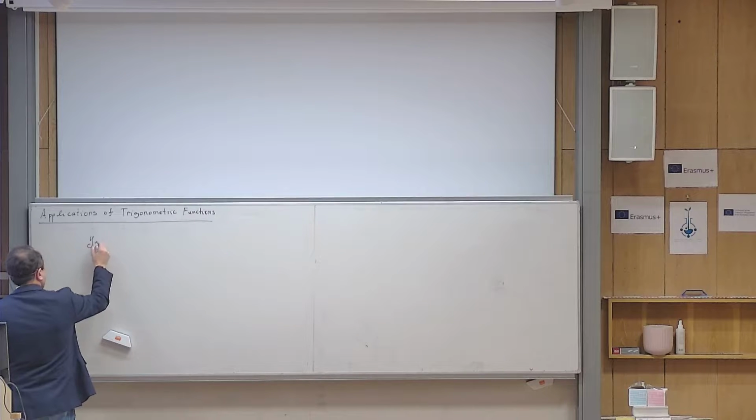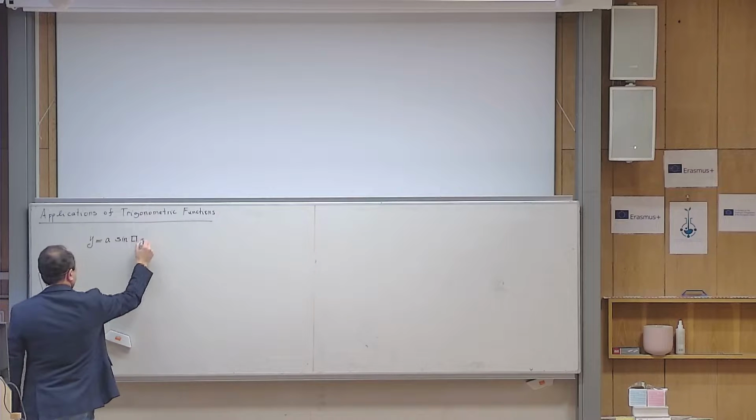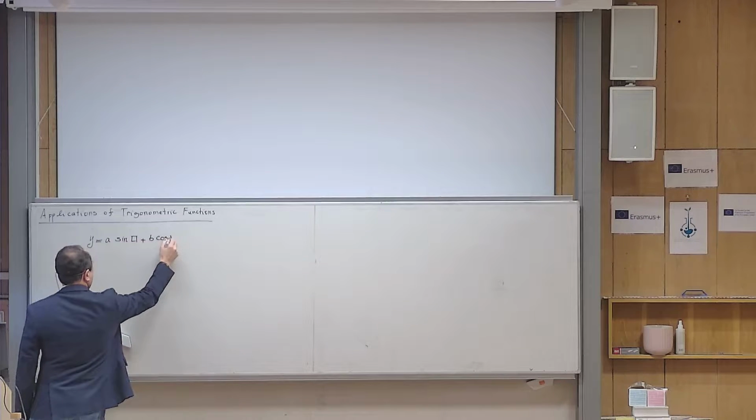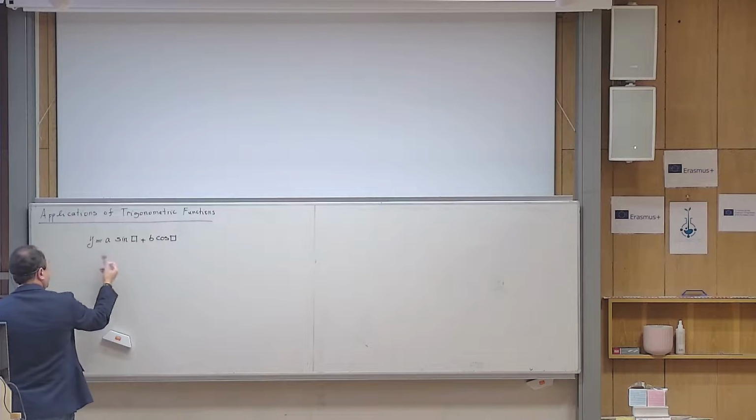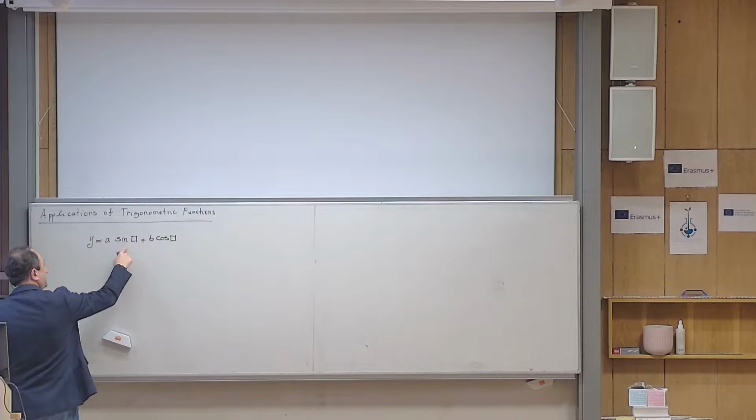So, I talked about these kinds of functions: a sine something in the box plus b cosine something in the box. So we learned that we can reverse engineer this to write it as the original form of this using the addition formula for sine.